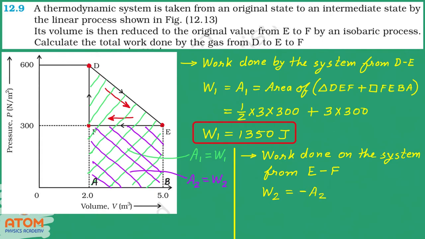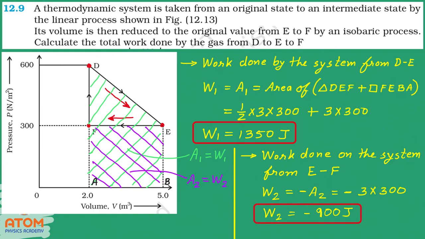I am writing minus because it is work done on the system. Now minus A2, that means the area A2 will be equal to length into breadth. Now the length is again 3 and the breadth is 300. So it is minus 3 into 300. Thus we are getting this work W2, that is minus 900 joule. That is our second answer, work while moving from E to F.